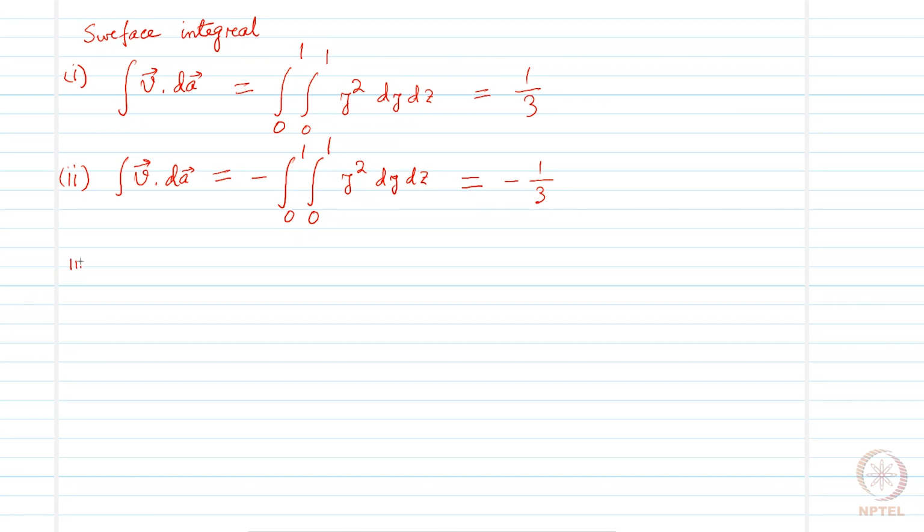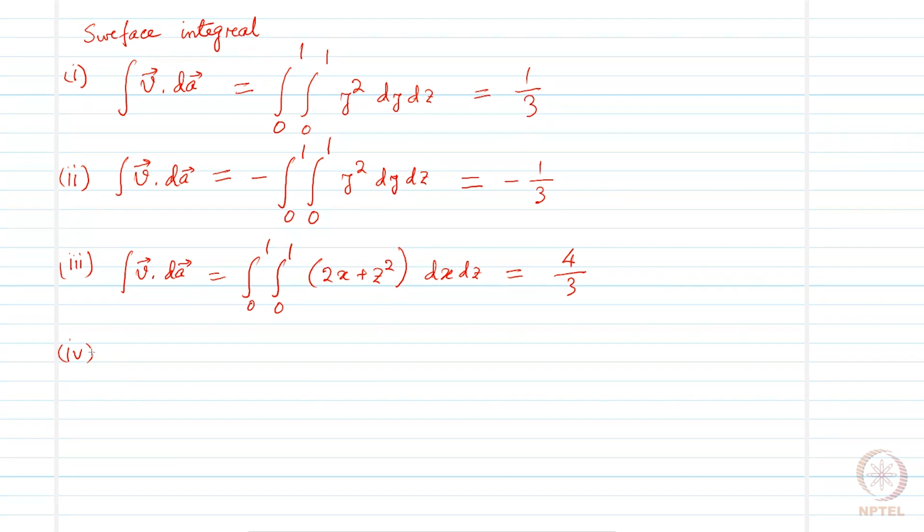Now, let us come to surface 3. Here the integral of V dot dA becomes the integral from 0 to 1, integral from 0 to 1, of 2x plus z squared dx dz. Here the surface was along y direction, so the y component of the vector comes in, and that becomes 4 over 3.